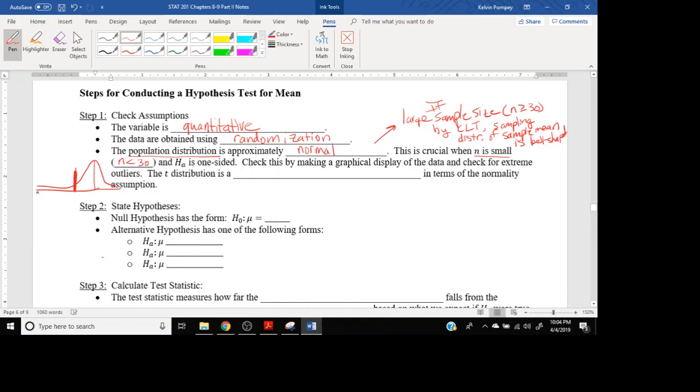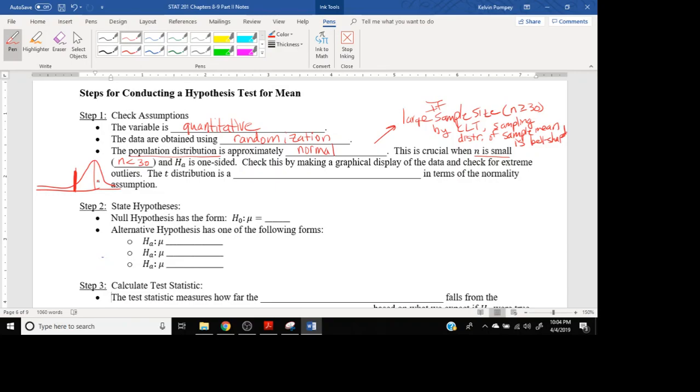So when we want to say what is the center of our data, the center is not necessarily our mean anymore, it's basically our median. The median should be used rather than the mean. So extreme outliers may pose some issues whenever we try to make inferences about a population mean, because the mean itself may not be a valid measure of the center of your data. All right, so I'm always going to check that the population distribution is normal.